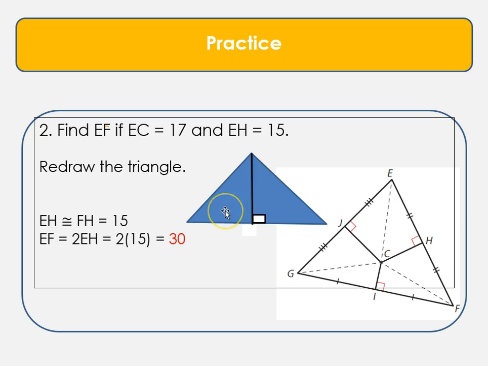If you redraw your triangle, you'll see that this lower portion of the triangle is EF. EF equals 2 EH. EH is this segment right here. So if EH is 15, EF will be 2 times 15, which equals 30.